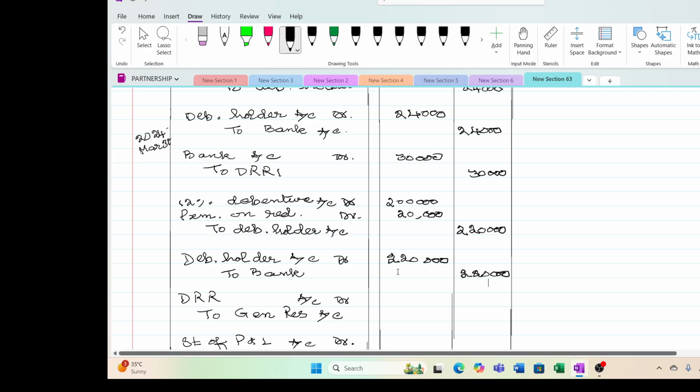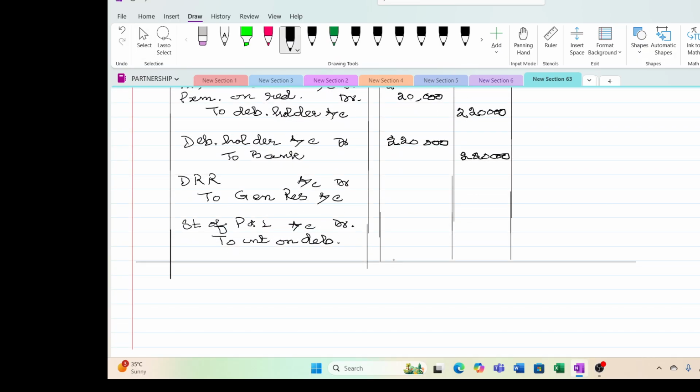Okay. Now the last DRR which was left out again for 20,000 is transferred to general reserve account. Now the interest of 24,000 we have to transfer it to statement of profit and loss account. That's it. This is the question for 10 marks.